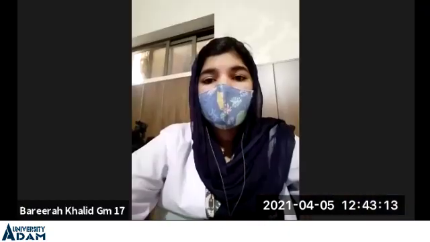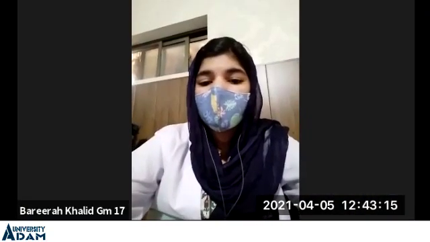Posterior group of lymph nodes will receive from the posterior thoracic wall and the back, scapular region. So they receive from the back, till the iliac crest.